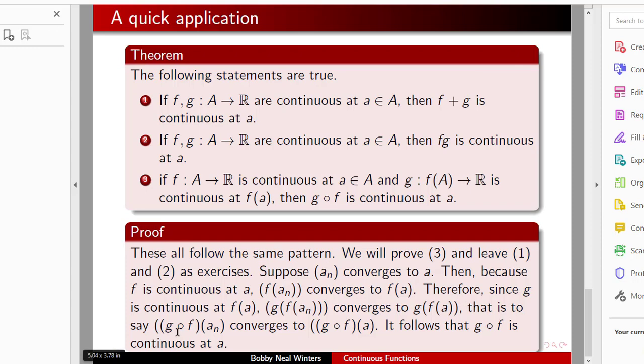That is to say, g composition f of a sub n as a sequence converges to g composition f of a, the point. It follows, therefore, that g composition f is continuous at a. And like I say, the other two are just as easy, but go through it yourself to see.